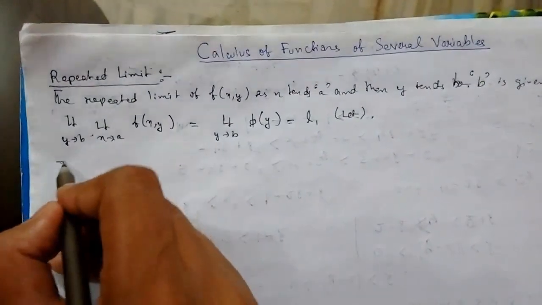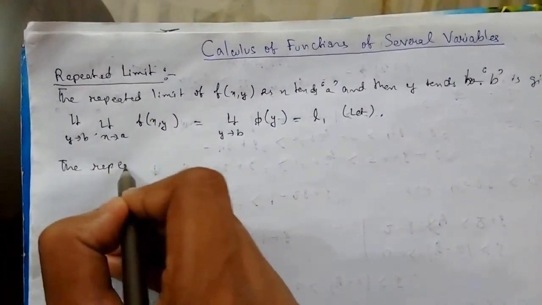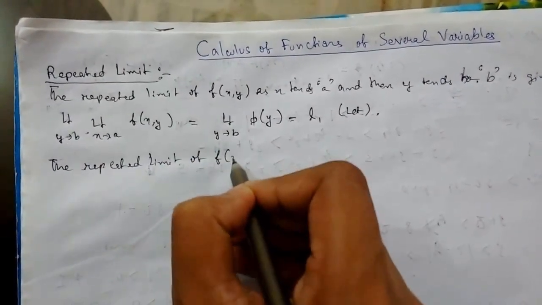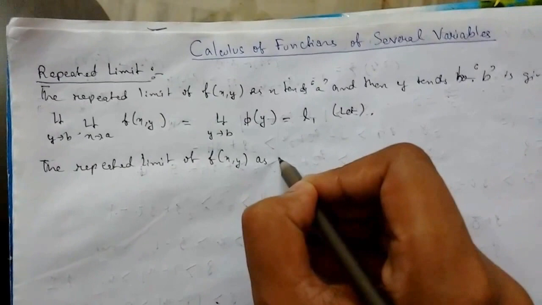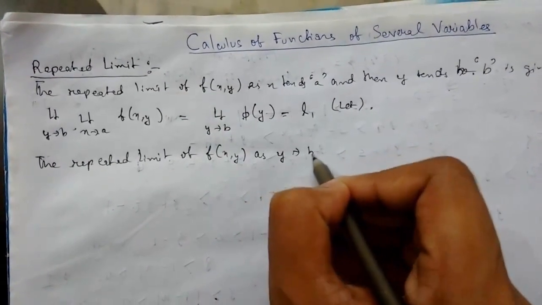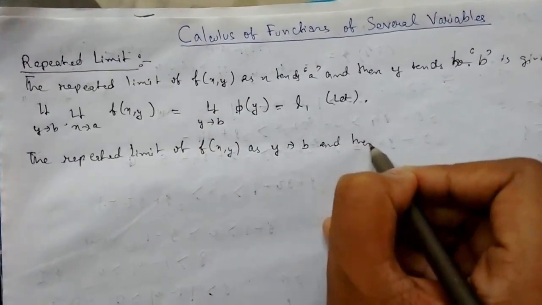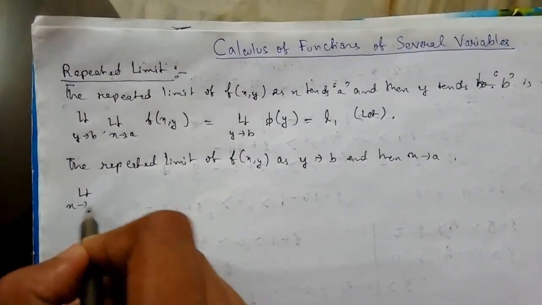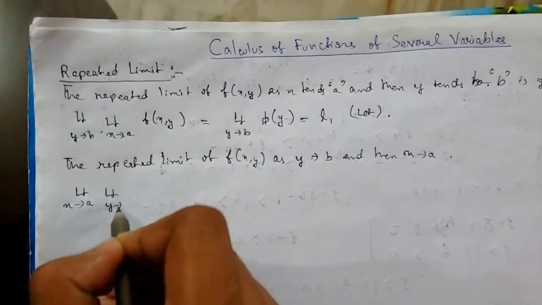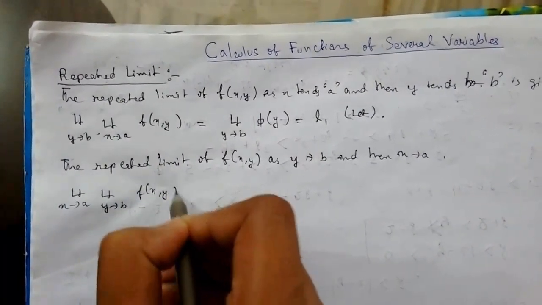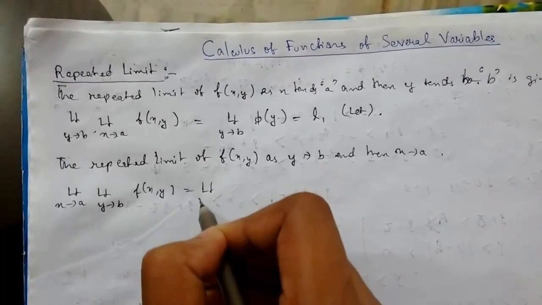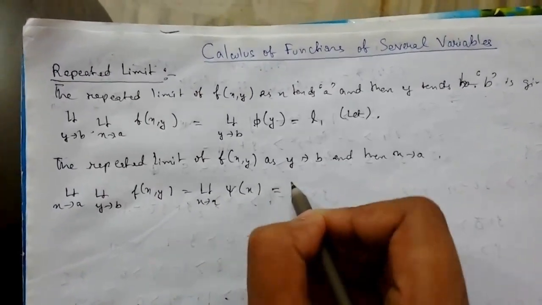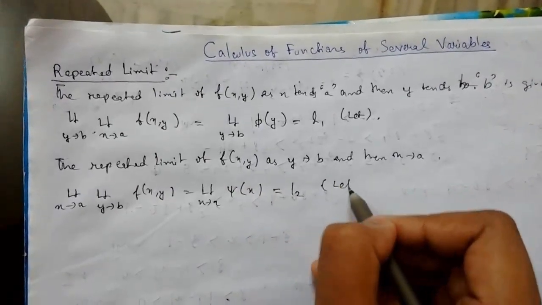And the repeated limit of f(x,y) as y tends to b and then x tends to a is given by limit x tending to a, limit y tending to b of f(x,y), which is equal to limit x tending to a of some function psi(x), which will be equal to, at last, L2.